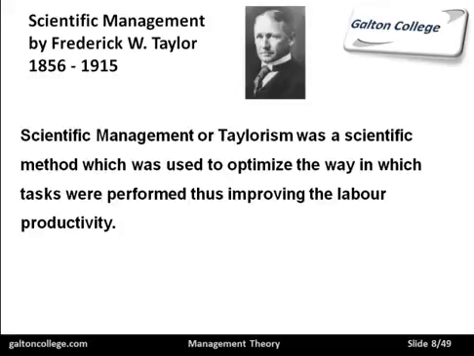It was calculation. It was timing. It was watching the worker perform a particular task and seeing if there was a better way of doing it, taking timings so that precise measurements could be taken as to how long a task took and what was involved. So it was a much more scientific approach to management.